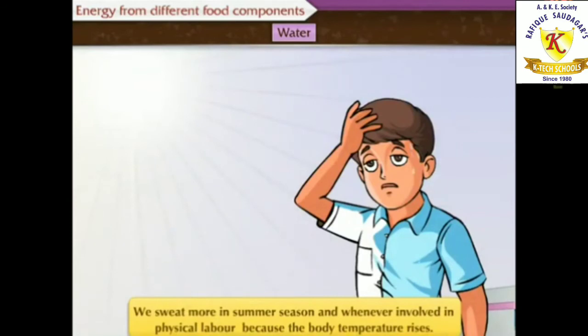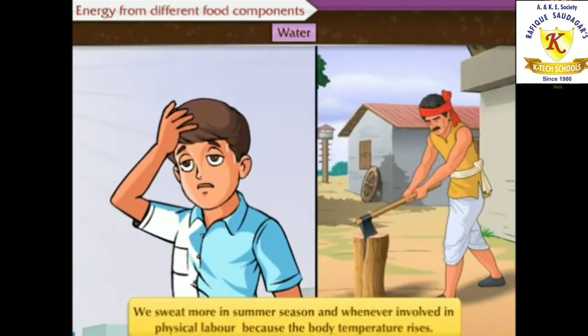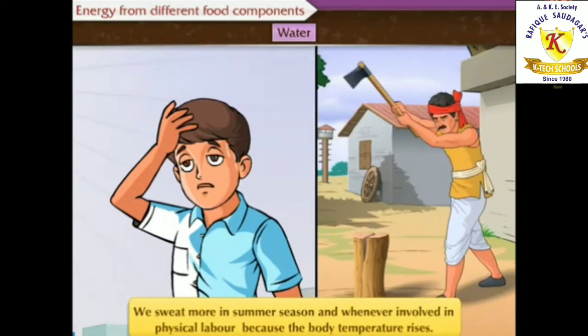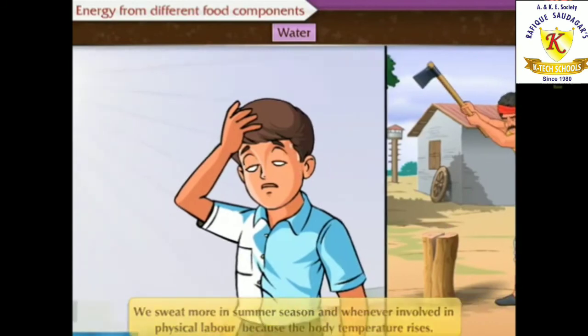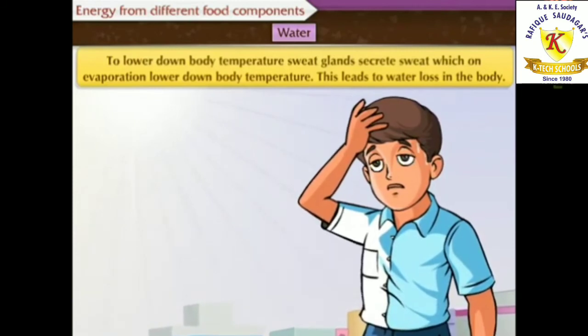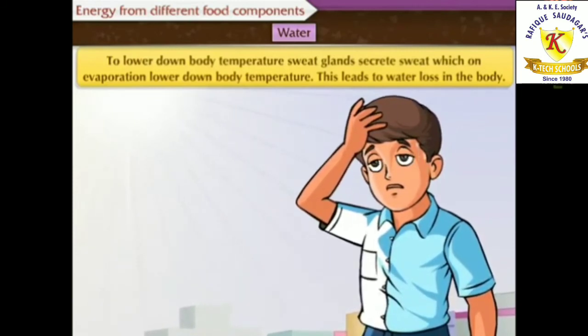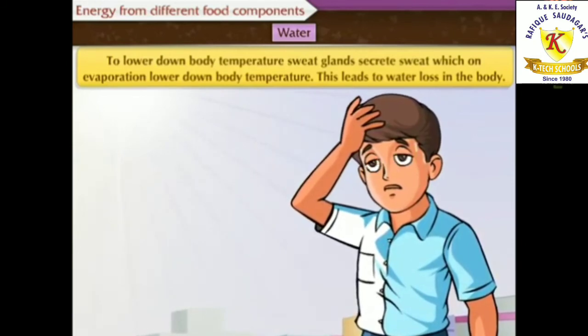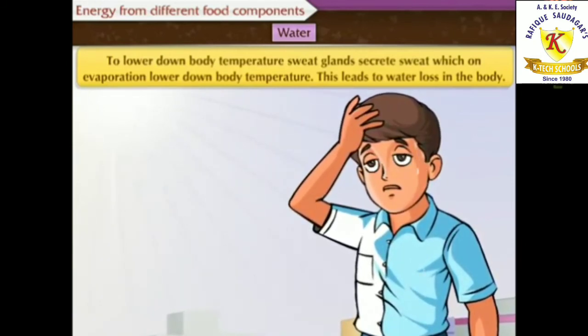We sweat more in summer season and whenever involved in physical labor because the body temperature rises. Isn't it, children? Yes. To lower down the body temperature, sweat glands secrete sweat which on evaporation lowers down body temperature.